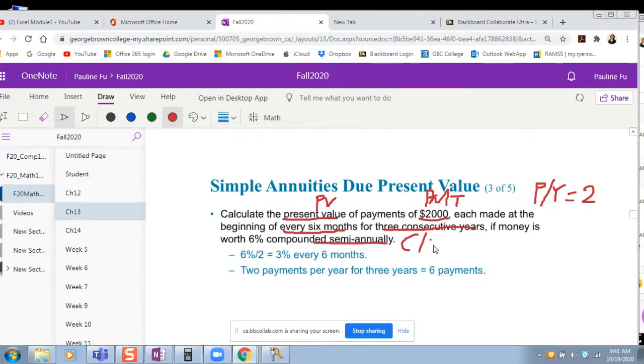Compounded semi-annually means C/Y equal to 2.